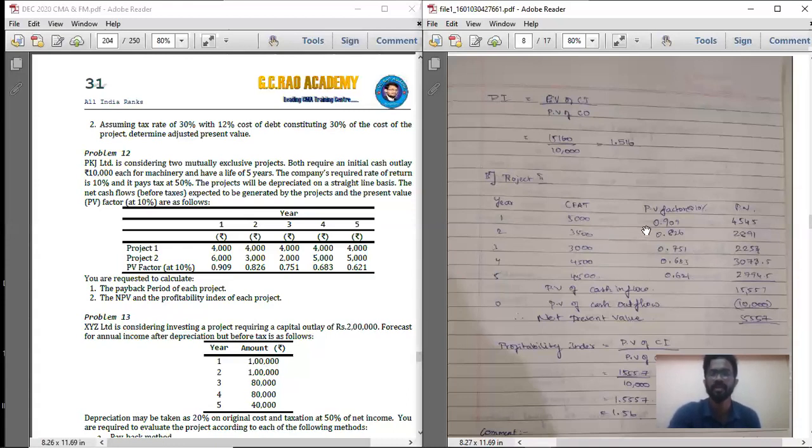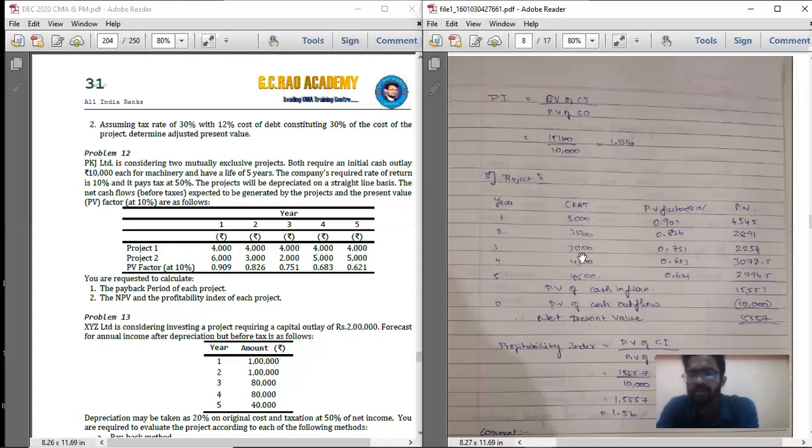So multiply CFAT and PV factor, you will get the present values. For year 1, 5,000 into 0.909, you are getting 4,545. For year 2, 3,500 into 0.826, you are getting 2,891.